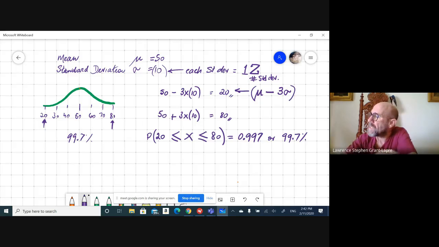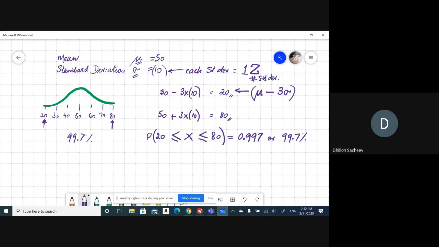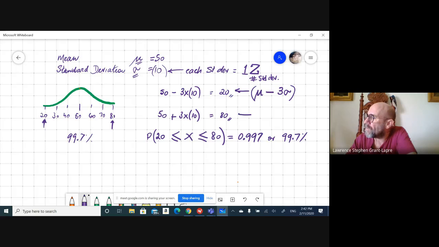Does that make sense? And this one was the mean up 3 standard deviations. Okay. Well, that is 99.7% when we go between 3 below and 3 above.